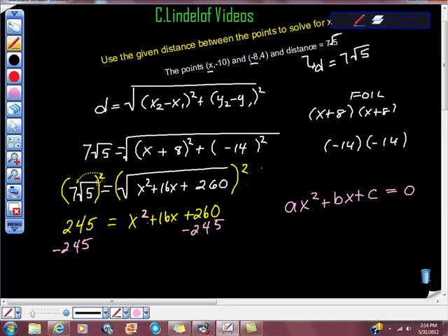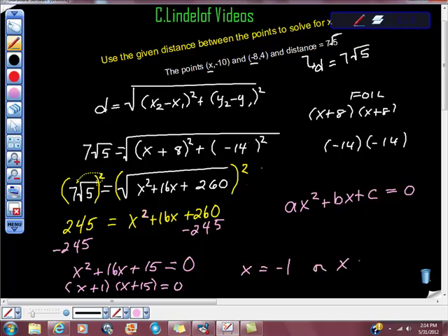That gives us x squared plus 16x plus 15 equals 0. So we are done, because when we factor this, we get x plus 1 times x plus 15. So our answers are x equals -1 or x equals -15.